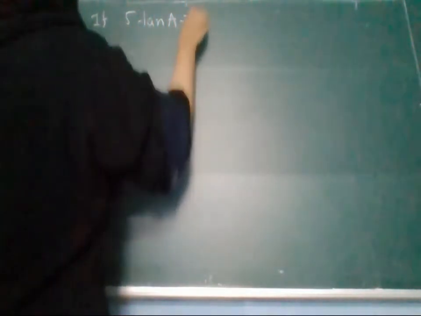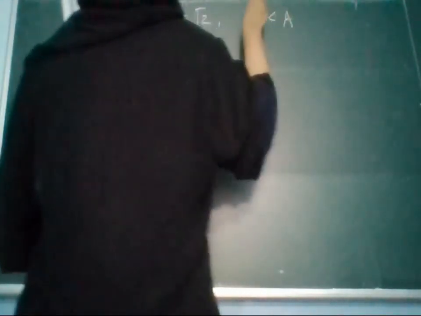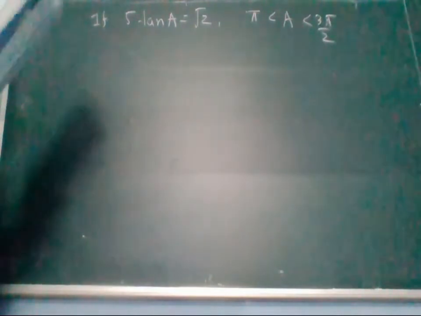What is given there? If 5 tan a is equal to root 2, a lies between pi and 3 pi by 2, which means it is in the third quadrant. Okay, your a is in the third quadrant and 5 tan a is equal to root 2.